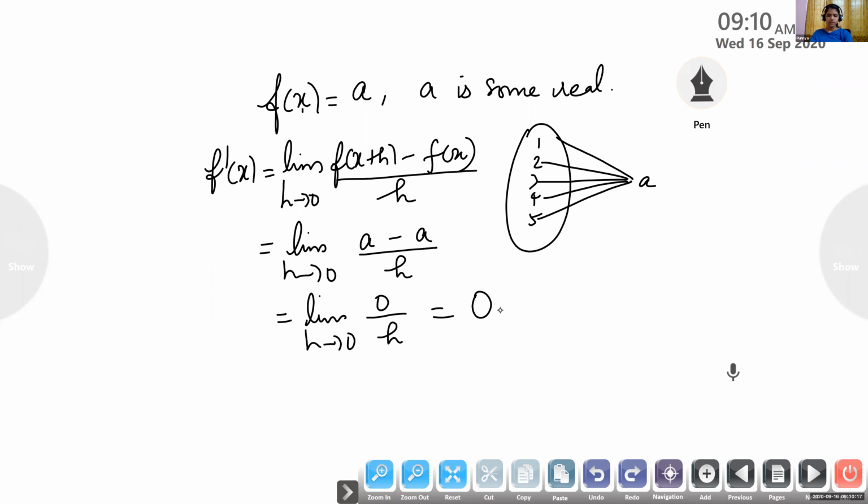Ma'am, won't it become an indeterminate form? No, only if the denominator becomes 0 would we say that. What is 0 by anything? Limit h tending to 0 of 0 by anything is 0.